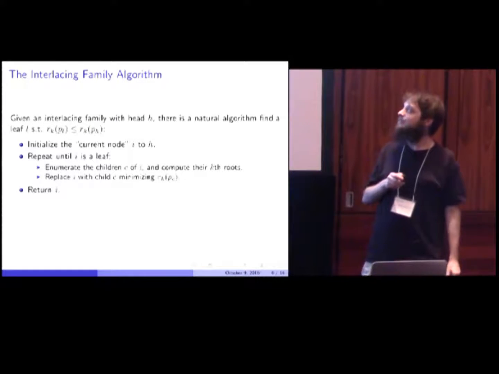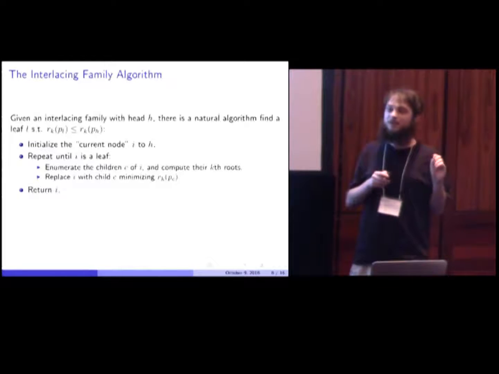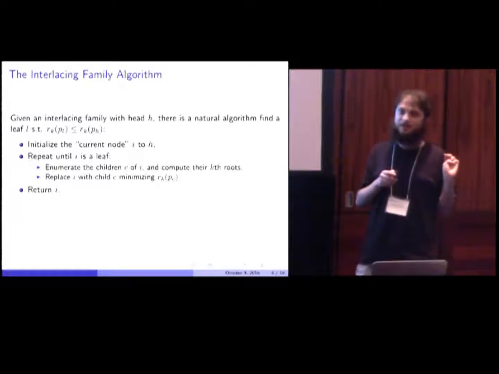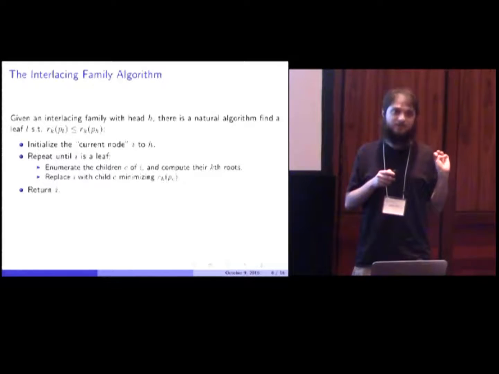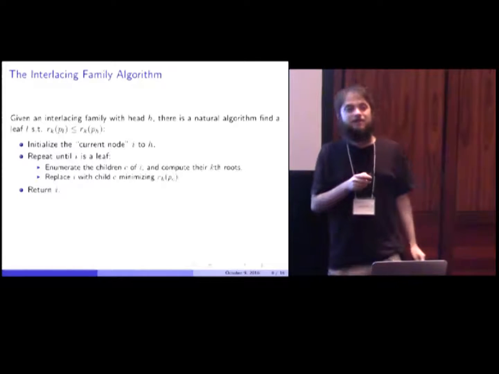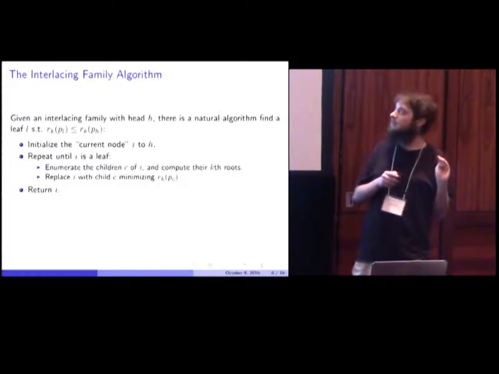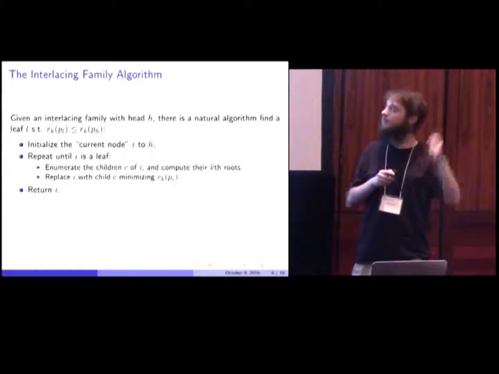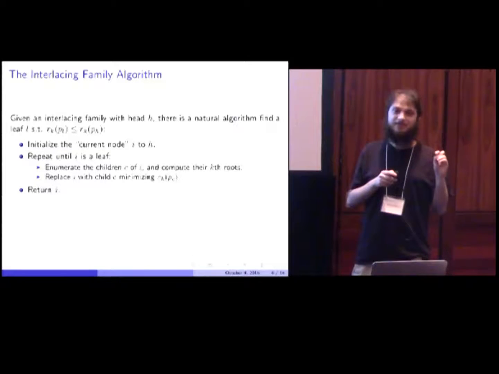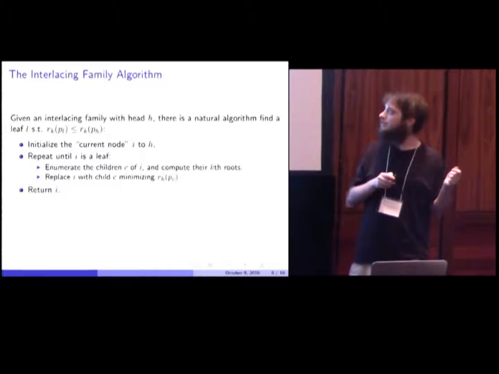Okay, so the algorithm is very simple. You have a current node at any given time, and the current node starts at the head of the tree. Then you look at all of your children, you write down their polynomials, you take their max roots, or kth roots in general, and you see which one has the smallest kth root, and you make that your new current node. So you always walk down the tree, and eventually, assuming the tree has bounded depth, you will hit a leaf, and then you just return that leaf.